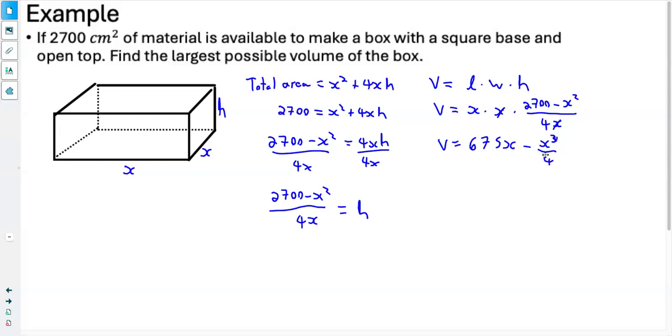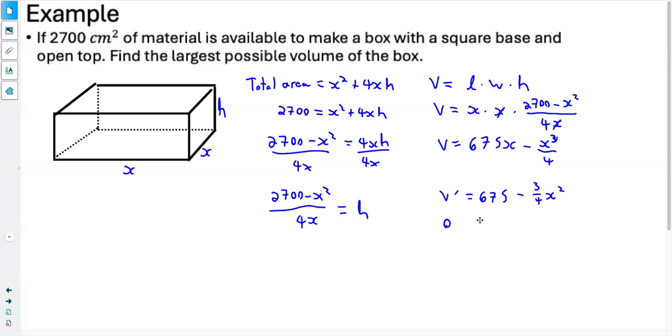Now what we want to do is find our critical points for this. So we've got v prime is equal to 675 minus 3/4 x squared. Now we know we have a critical point when this equals 0.